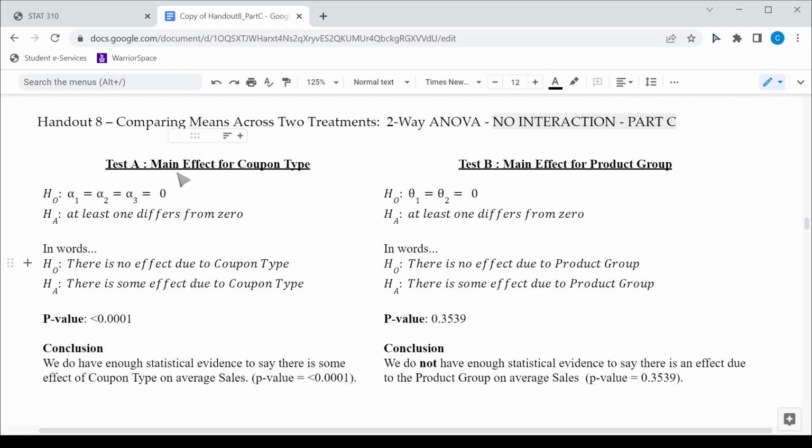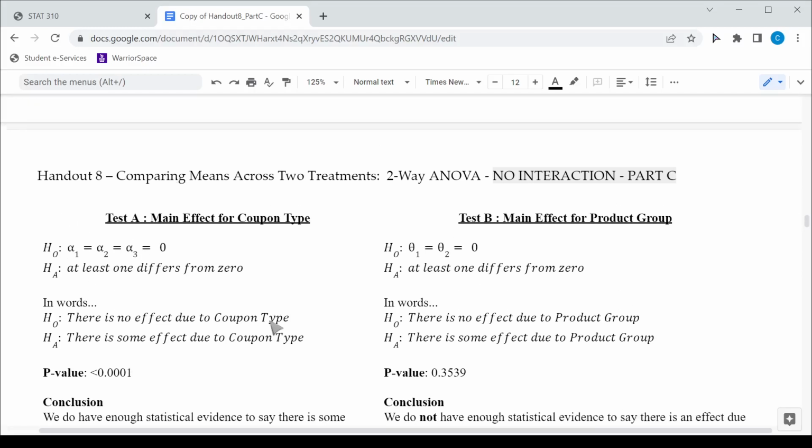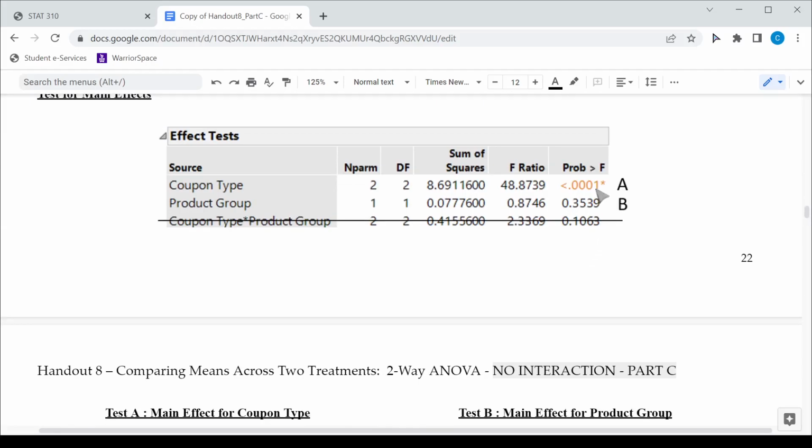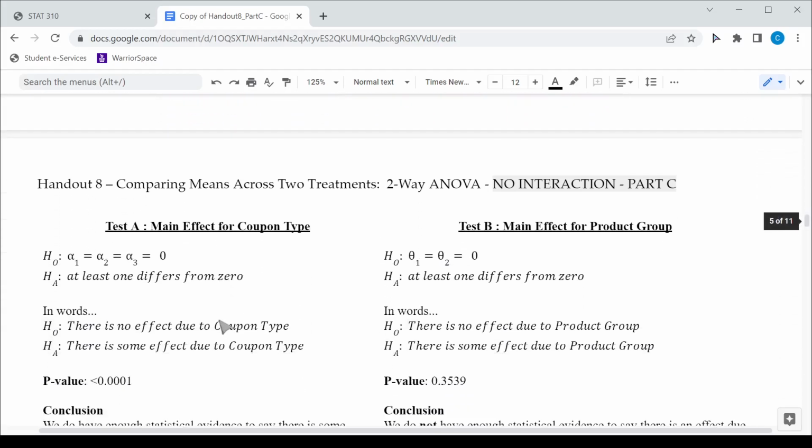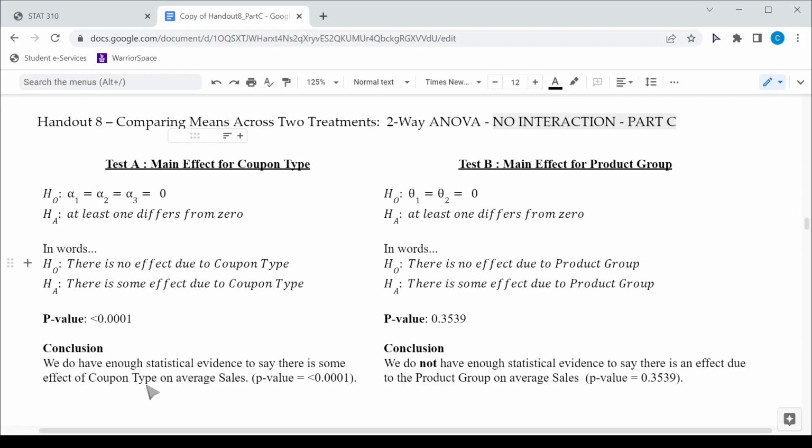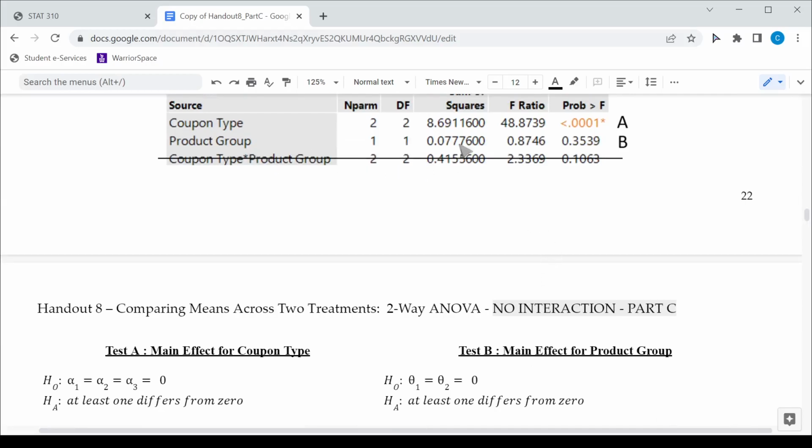The main effect for coupon type, which was test A, was significant. Up here, that's significant. It's less than 0.05. So that tells me that I do have some effect due to the coupon type in terms of average sales. The p-value for product group was not significant.